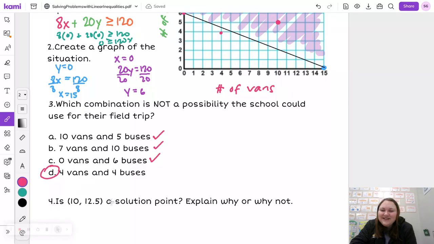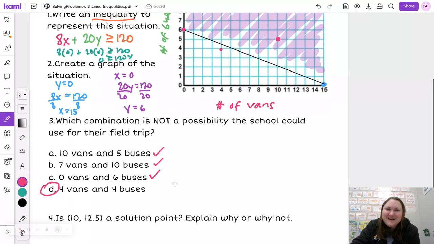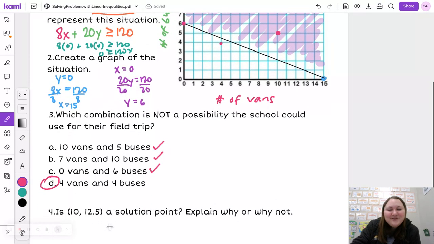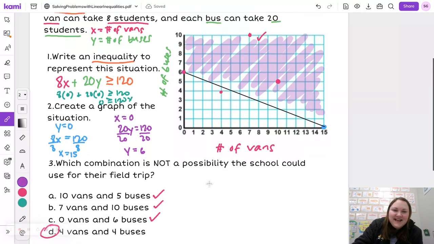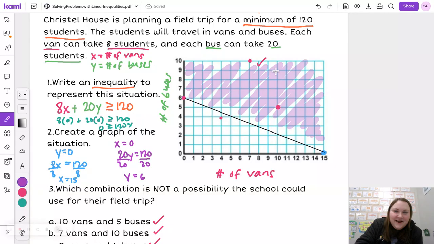There's one final question. Is the point (10, 12.5) a solution point? Explain why or why not. I'm going to ask you one last time, pause this video and try this one so that way you can check and see how you're doing. So if I go to use the graph, (10, 12.5), it's up here. So it's definitely in the shaded area.